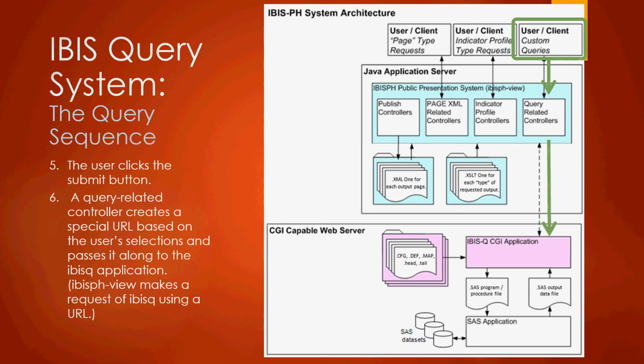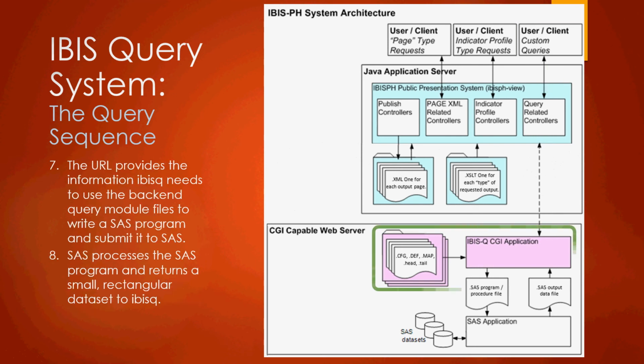The IBIS-View application, the part in blue here, creates its own URL and sends it to the IBIS-Q query application. The query application reads the URL and writes a SAS program based on the information in the URL.